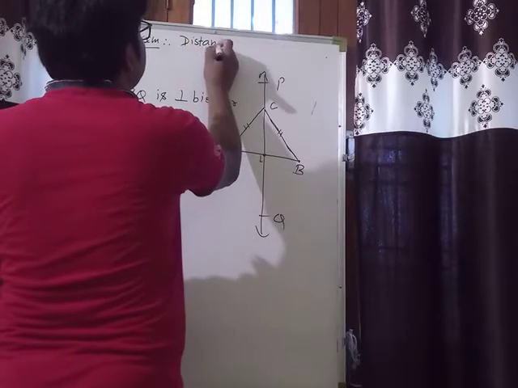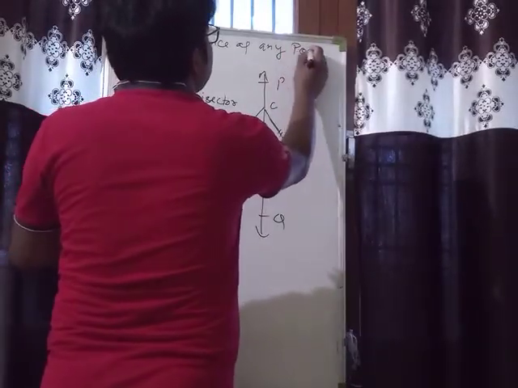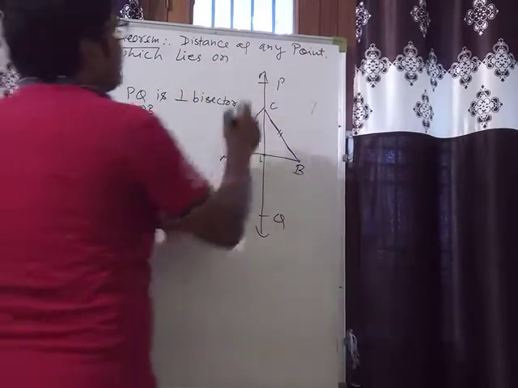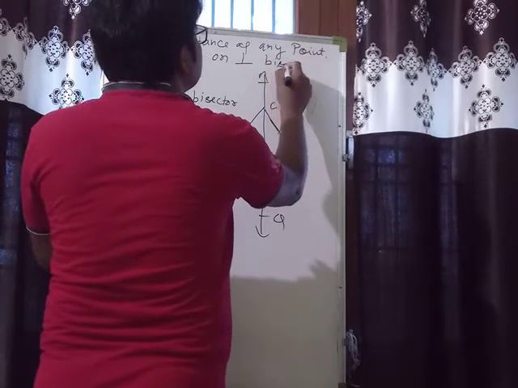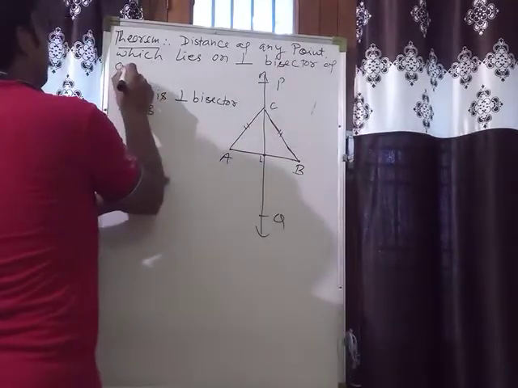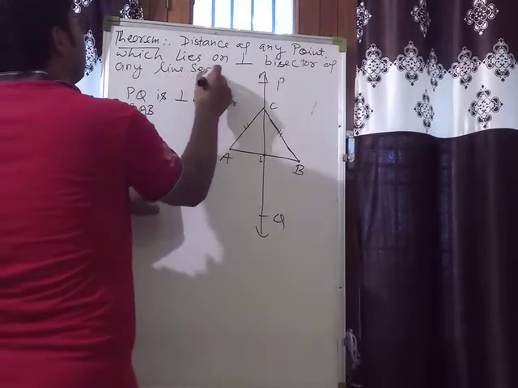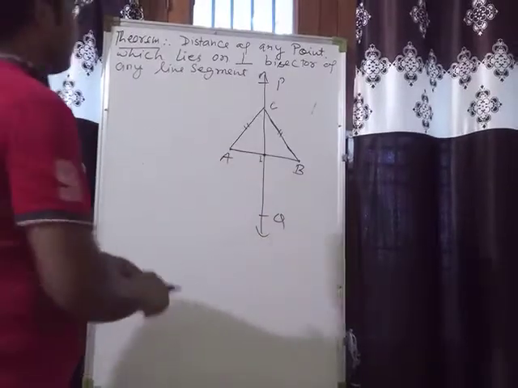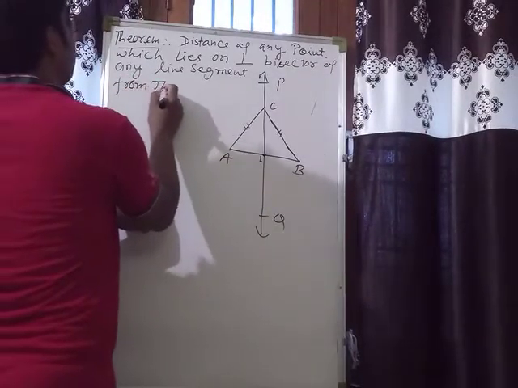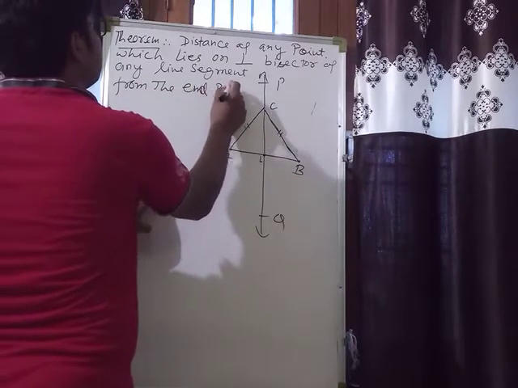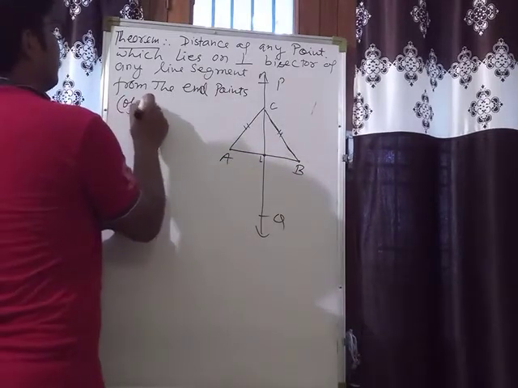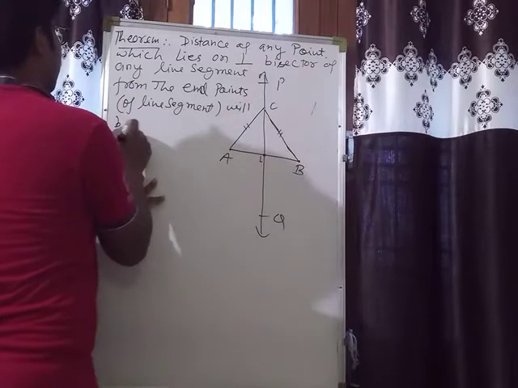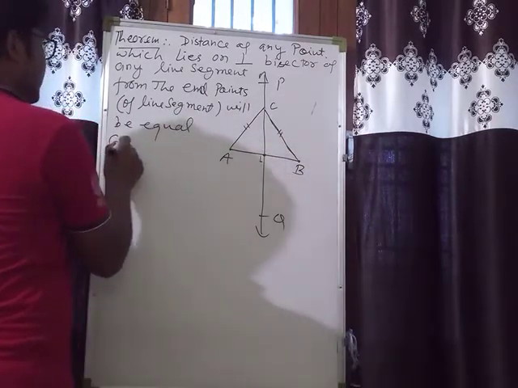Distance of any point which lies on perpendicular bisector of any line segment from the end points of line segment will be equal.